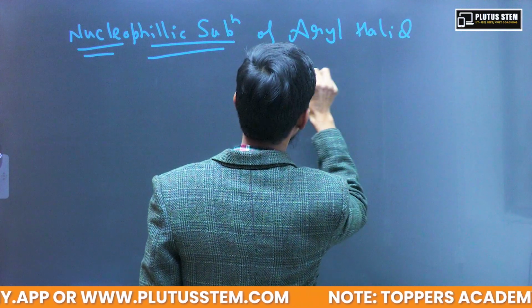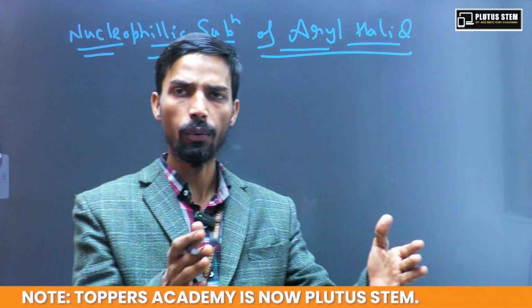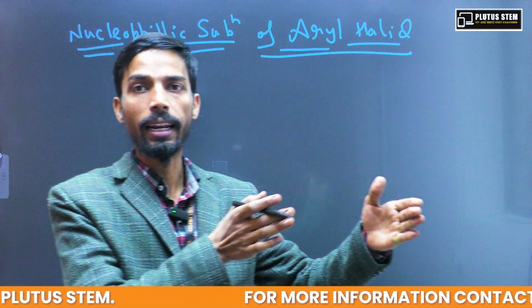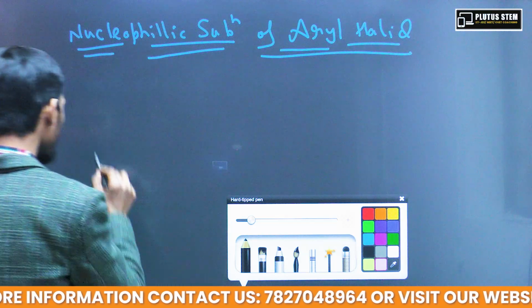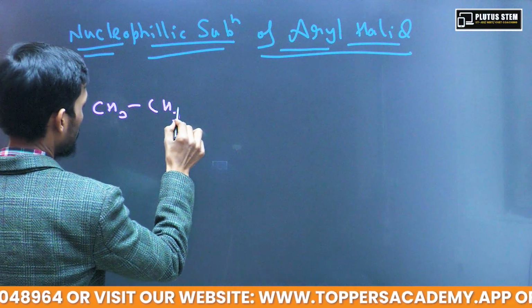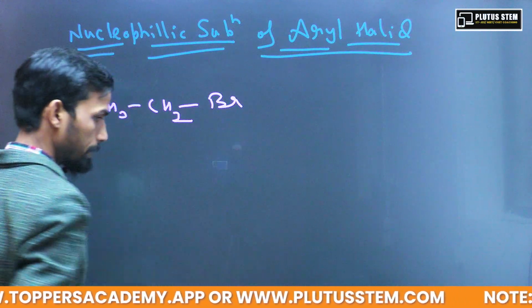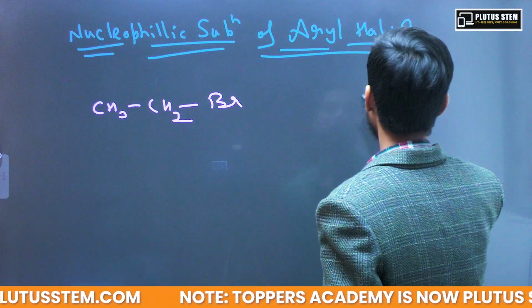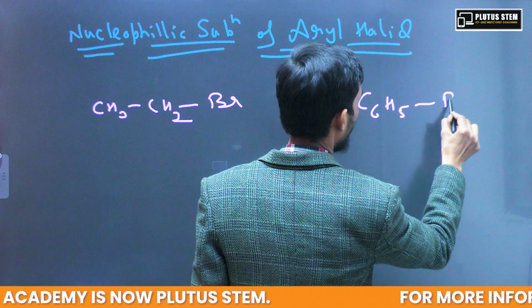Before going into the depth of this, firstly we need to see the difference between alkyl halide and aryl halide. Let's say CH3CH2Br and C6H5Br.